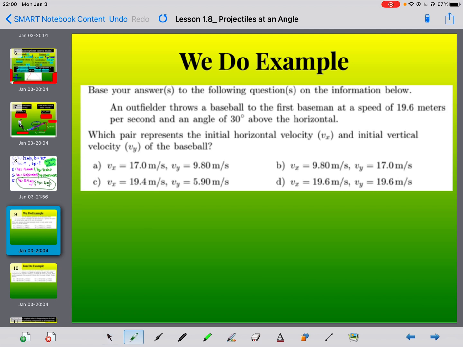It says, base your answers to the following questions on the information below. An outfielder throws a baseball to the first baseman at a speed of 19.6 meters per second at an angle of 30 above the horizon.